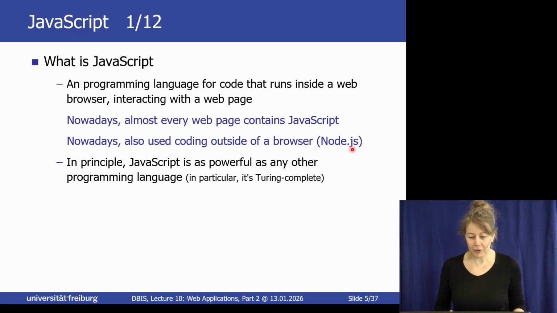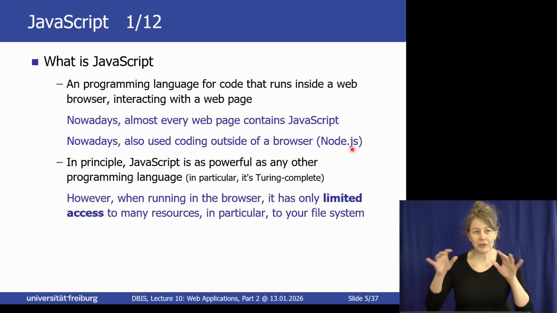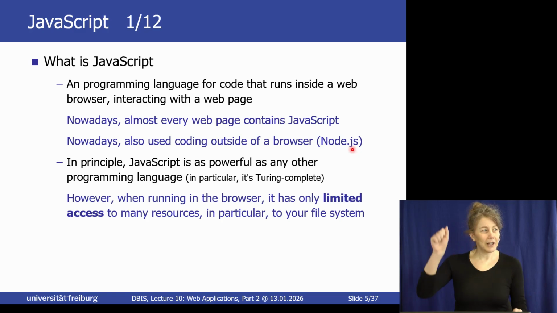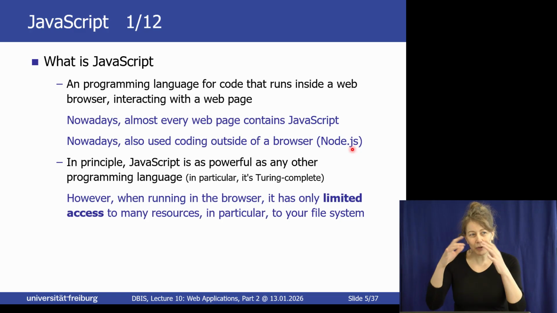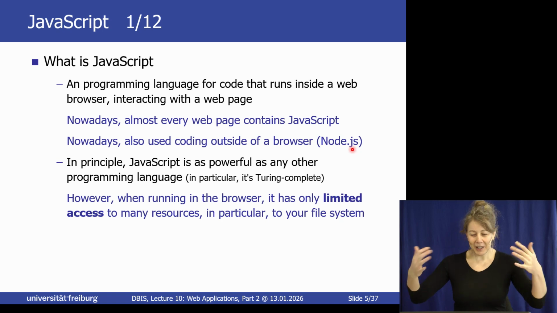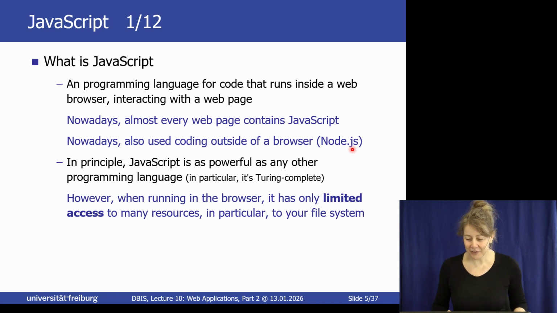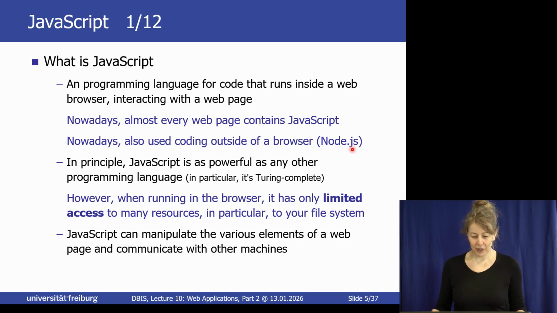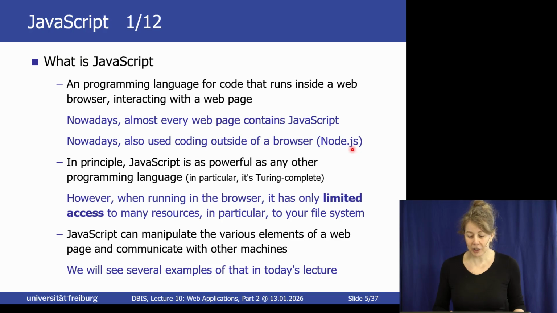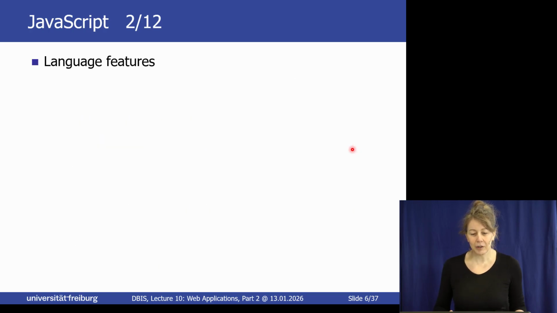You can do everything with it, except of course in a browser you can't click on a button and then delete all files on the file system. So it runs with restricted capabilities. You are on a web page, you don't want the web page to access files on your file system or read your mails or do funny things. But it can manipulate anything on a web page, and we will see what that means today.